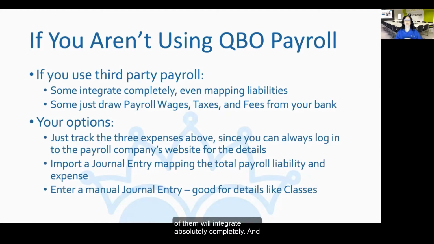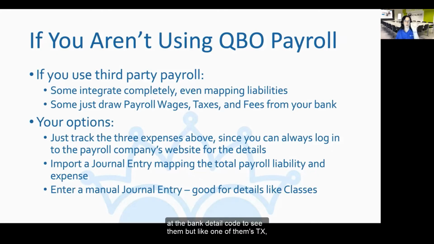Some of them will integrate absolutely completely, and they'll even map the liabilities into your QuickBooks, and when you pay the taxes, it will take them back out again. But others don't have an integration with QuickBooks, and in fact, you might not need to even think about that. For example, if you go with Paychex, they'll draft 3 charges out of your checking account every single month.